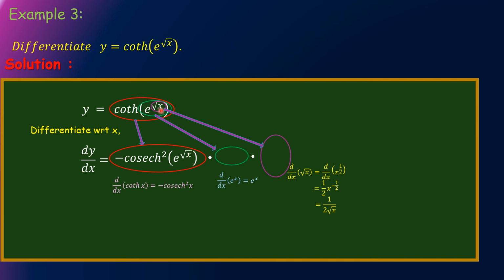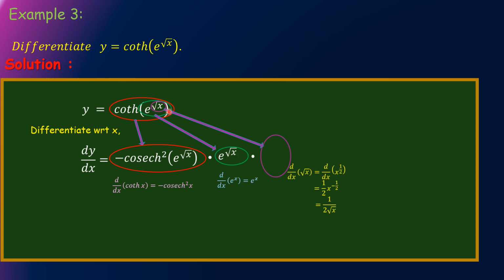Then we differentiate e root x. We can refer to the formula for the derivative of e to the x. When we differentiate e to the x, the answer is also e to the x. So when we differentiate e root x, the answer is also e root x.